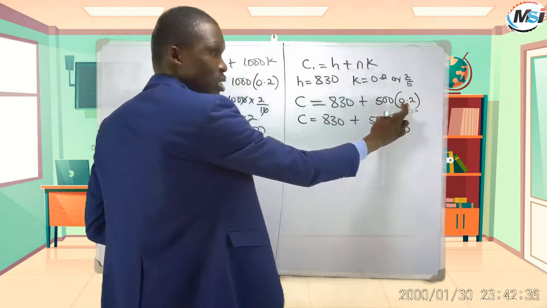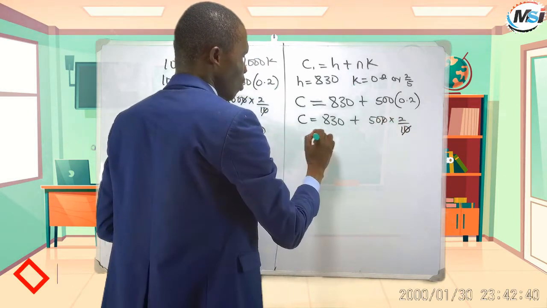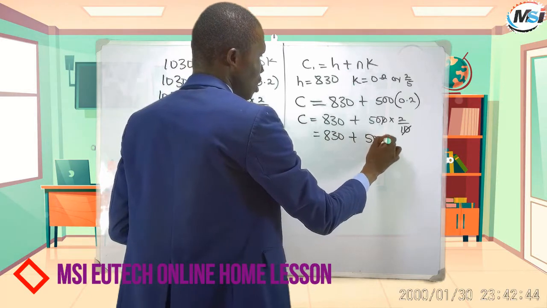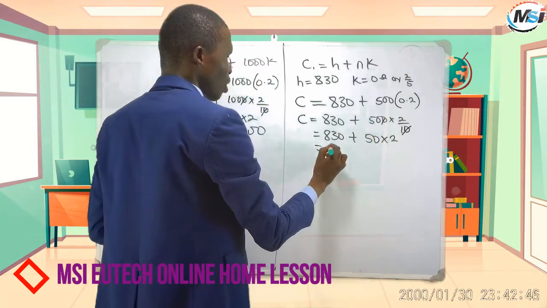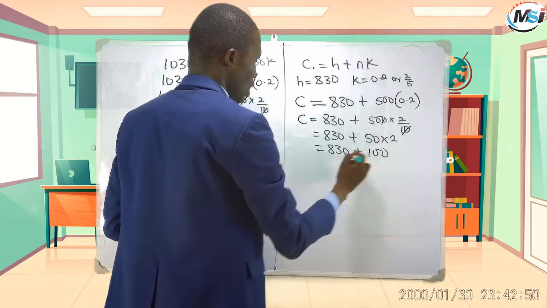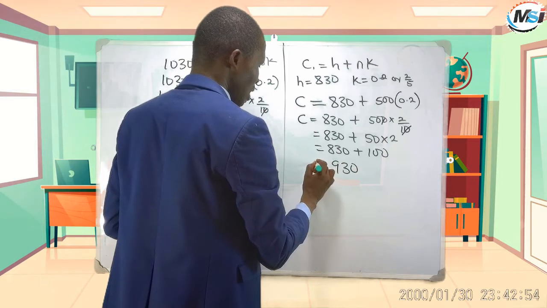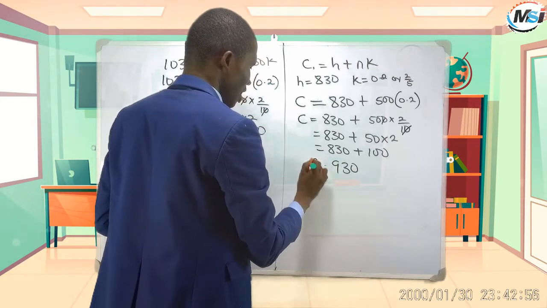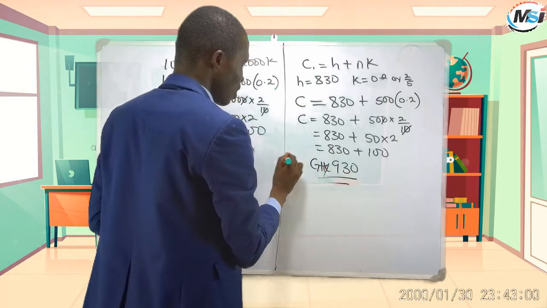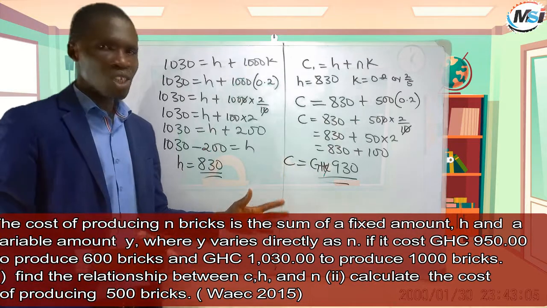I change this to fraction. This 0 cancels this 0. We are going to have 830 plus 50 times 2, which will give us 830 plus 100, which will give us 930 Ghana cedis. This will be our cost, the cost of producing 500 bricks.